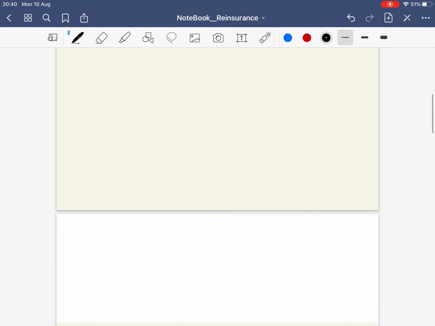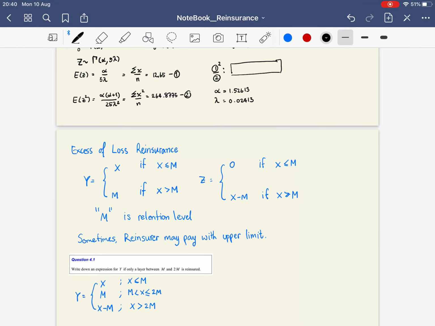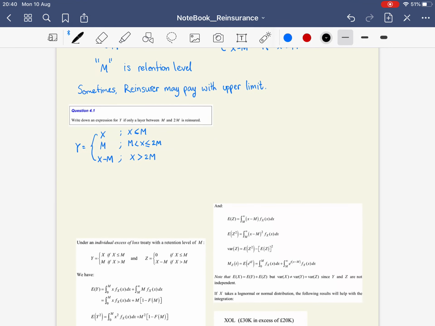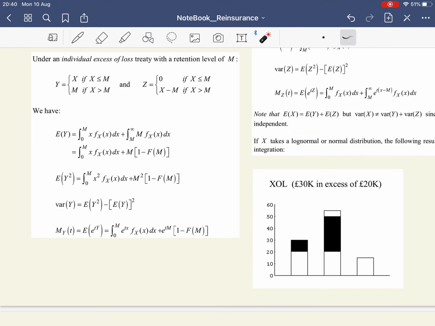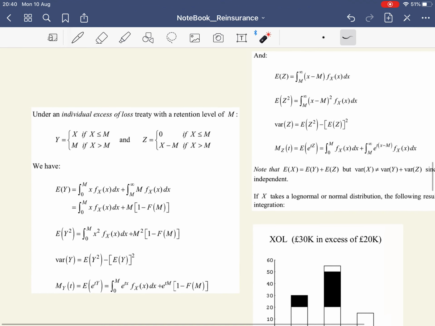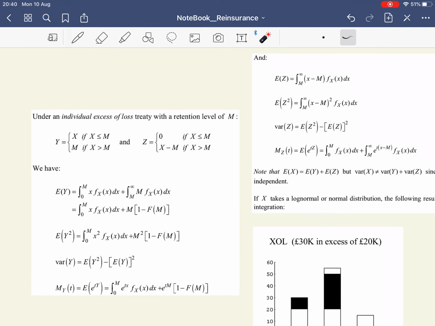From the last part, in excess of loss insurance, if we look at the formula, we will see that we have to work with the integral of x f(x) a couple of times, like when we have to find the expectation of the amount of claim paid by the direct insurer or the reinsurer.